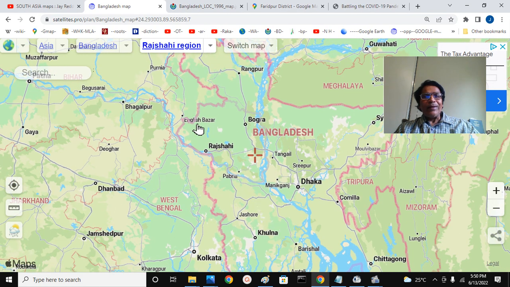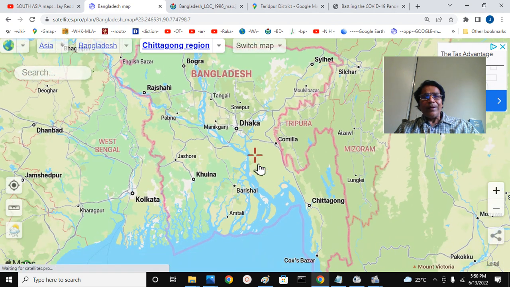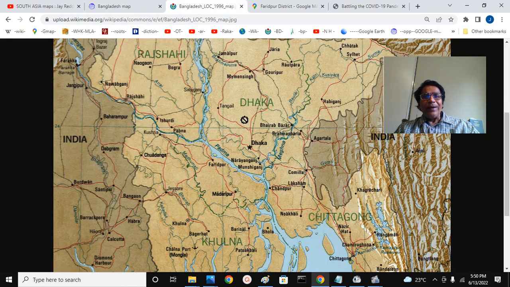Across the river, Trans, you can see Malda, that is English Bazaar, Rajshahi and Pabna here, and Manikganj, that is a part of Dhaka district, and this is Comilla, that is Tipera district, and Noakhali and Chittagong here. And you can see the river in a different perspective. Ganga here enters into Bengali territory, Padma. You see the Trans region, this is the Padma, Meghna river, and the Trans districts, Cis districts.